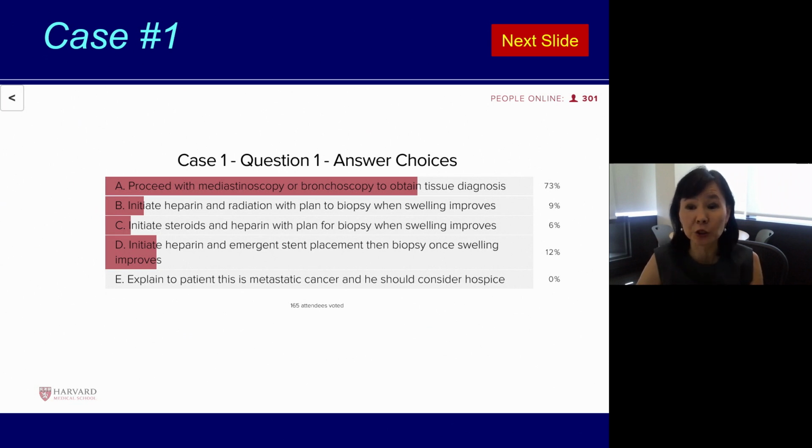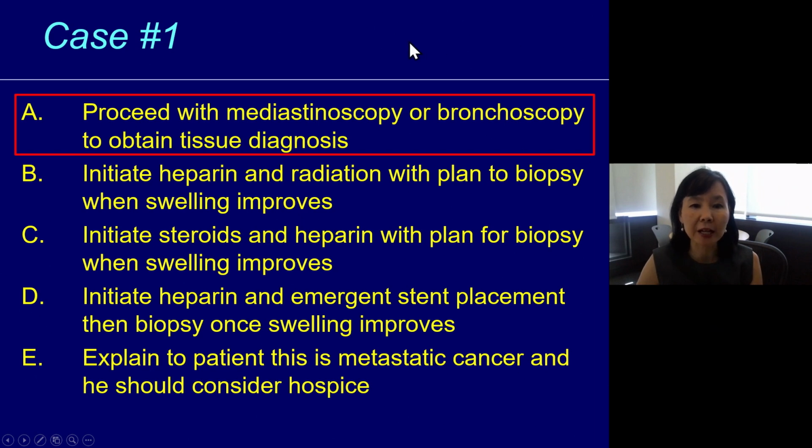People are still free to answer, but as you can see, the most popular answer was proceed with mediastinoscopy or bronchoscopy, although some people did favor initiating heparin and emergent stent placement, then biopsy once swelling improves. So the answer is actually to proceed with mediastinoscopy or bronchoscopy to obtain tissue diagnosis.